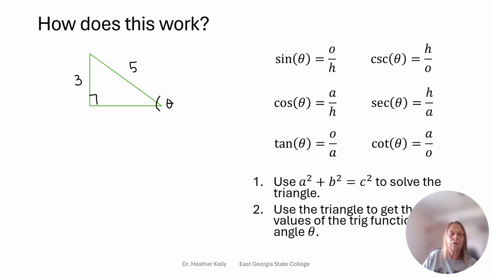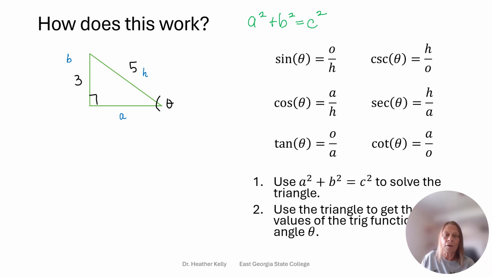Well, first off, you see that we have a right triangle, and there's a really cool thing that we get when we have the right triangle, and that's the Pythagorean theorem. The Pythagorean theorem says a squared plus b squared is equal to c squared. Now, I do want you to get used to labeling your triangle, and so from theta, across from theta, the opposite is actually b, adjacent is a, and the hypotenuse is h.